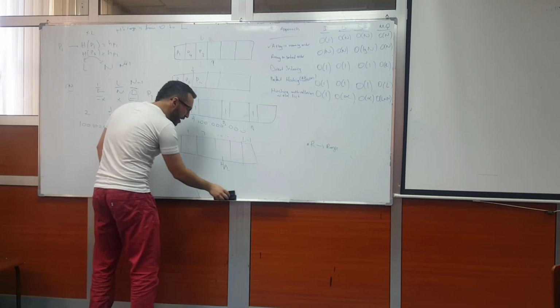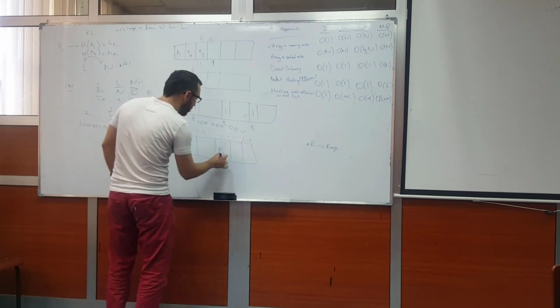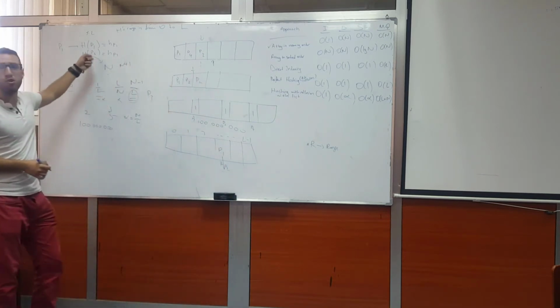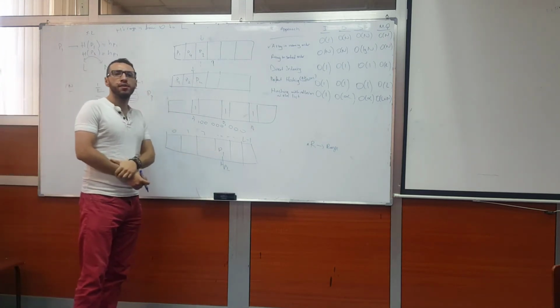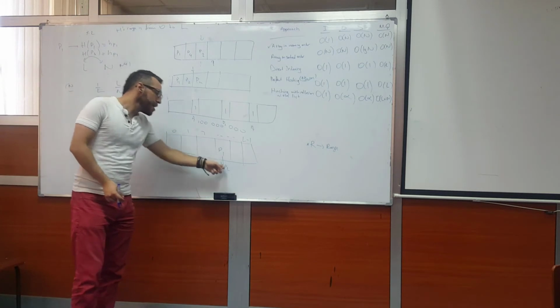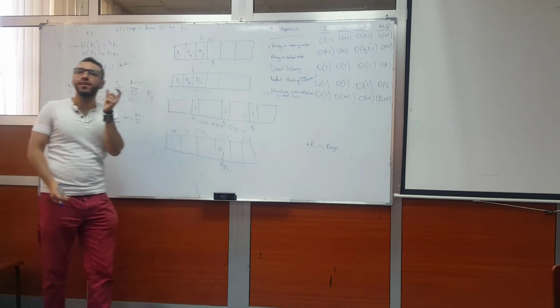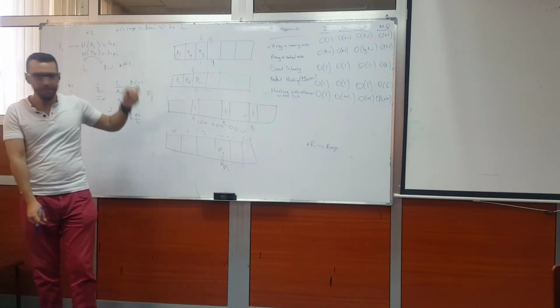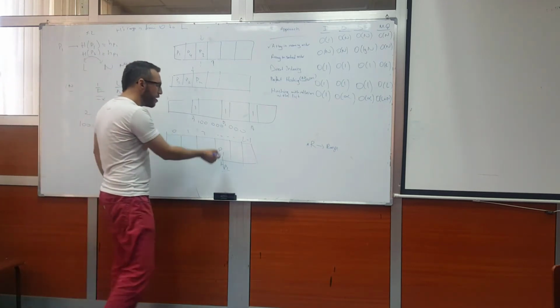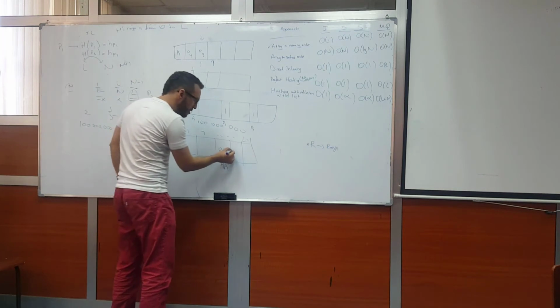So I'm going to come to HP1 again. Let's say P1 was inserted here. So now when I'm inserting P3, I come here for HP1 and then I see that this is occupied. Then what I do is, I keep going to the right until I find an empty slot so that I can place P3. Okay? So in this example, since the next one is empty, I can place P3 over here directly.